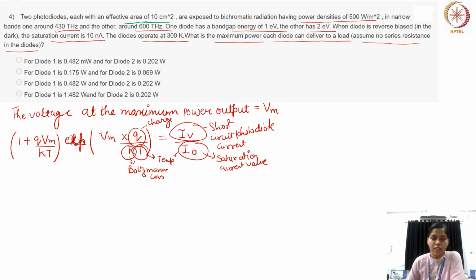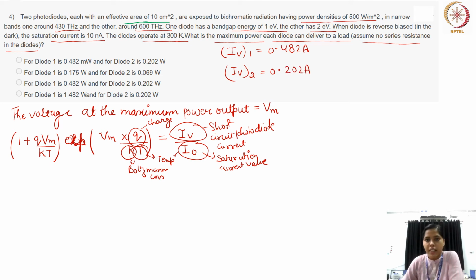So in one of the previous numericals we have solved that IV1, that is the short circuit photodiode current for the first photodiode, was 0.482 ampere, and for the second photodiode it was 0.202 ampere. Correct?